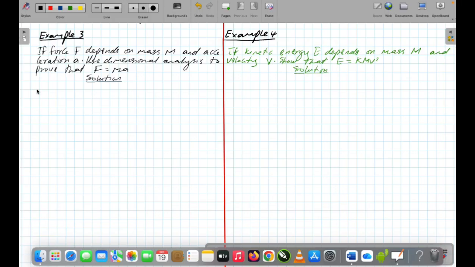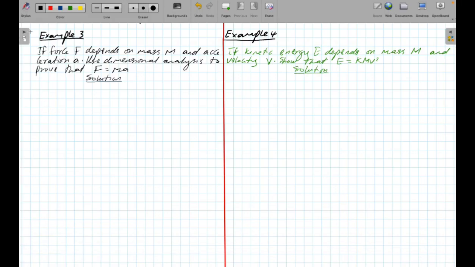Now let's consider the parameters given to us here. F, which is a force, equals mass times acceleration, and the dimension of force is given to be m L t raised to the power of minus 2. The next parameter is mass.